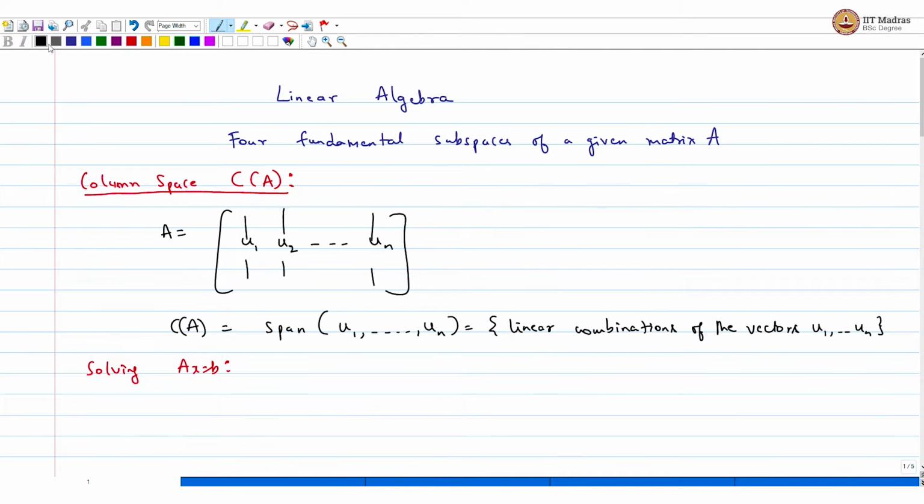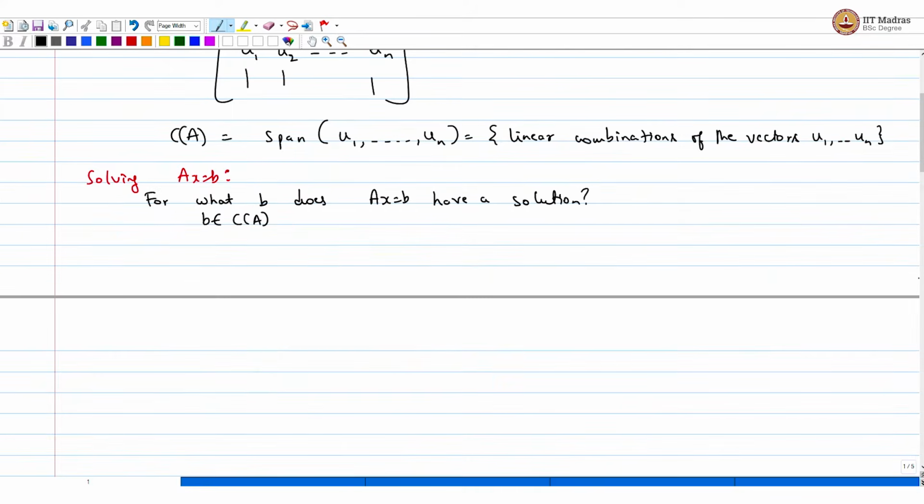For example, one could ask the question, for what B does Ax equals B have a solution? And the answer is, for all B belonging to the column space of A. For example, let's look at an example.